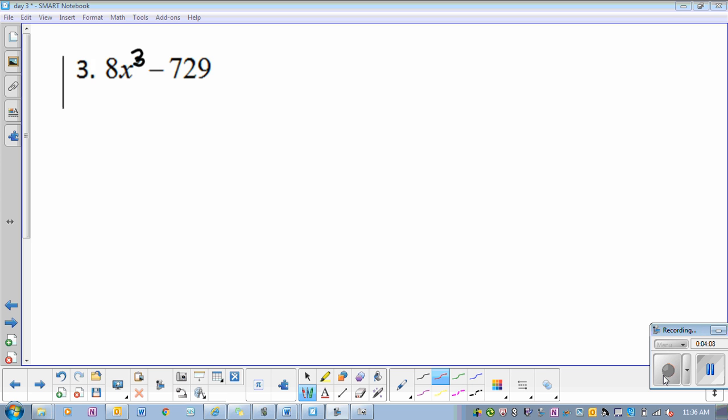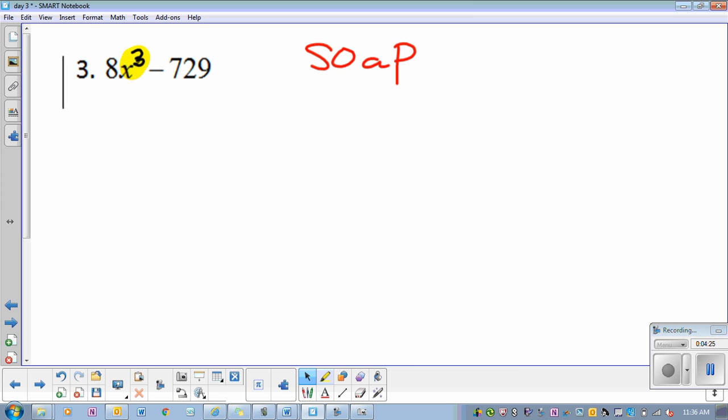So I know that this is going to be the SOAP way because of 2 things. Binomial, 2 terms. And if I look at this, x cubed, that's usually a huge hint. Multiples of 3, right? So I'm going to look at 8 and 729 and think, okay, do they have a GCF?